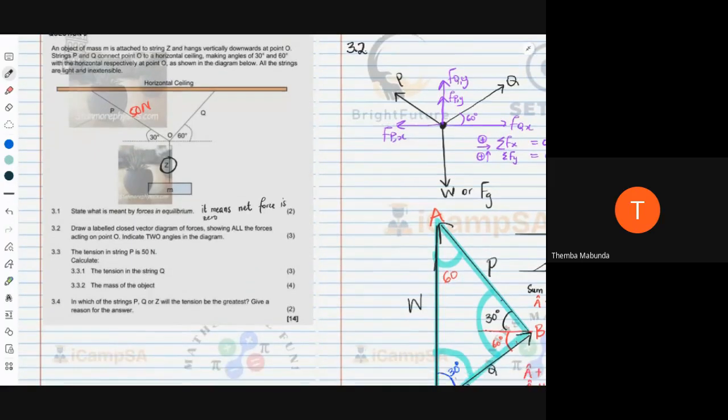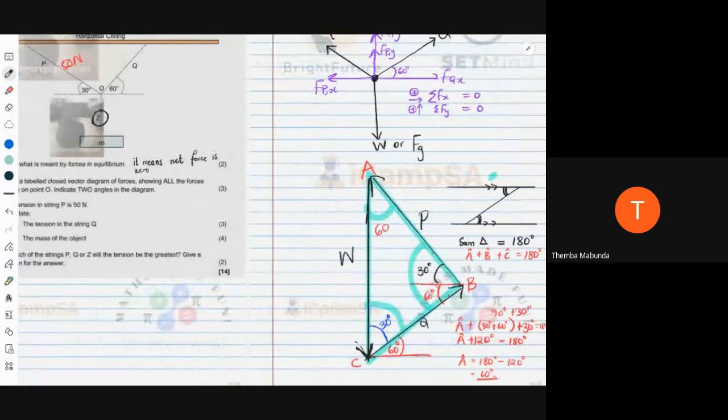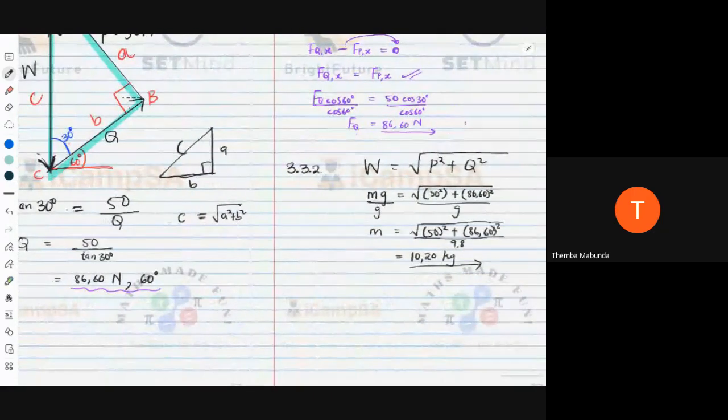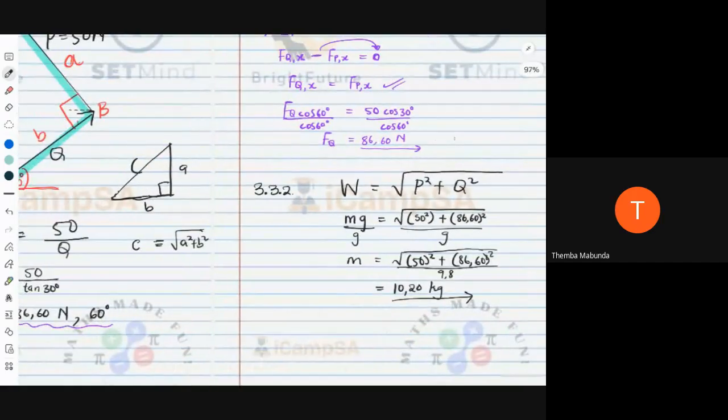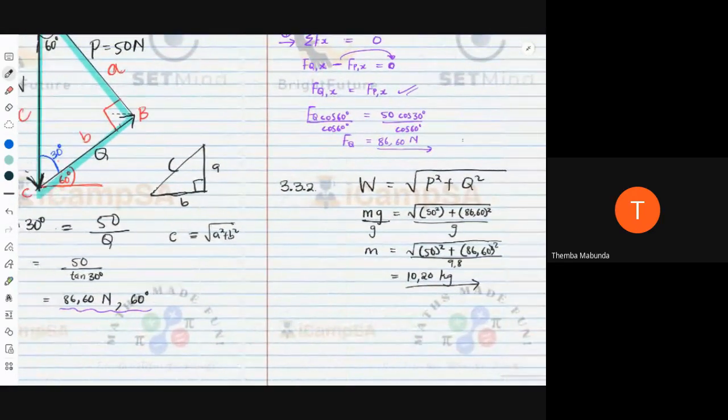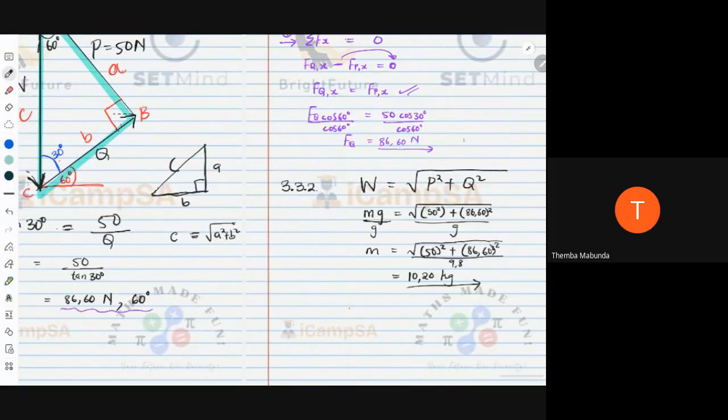Yes, that makes sense because 10.2 times 9.8 is around 90 something. So Z will have the highest. Why? Because the weight felt by the string, I get 99 newtons.